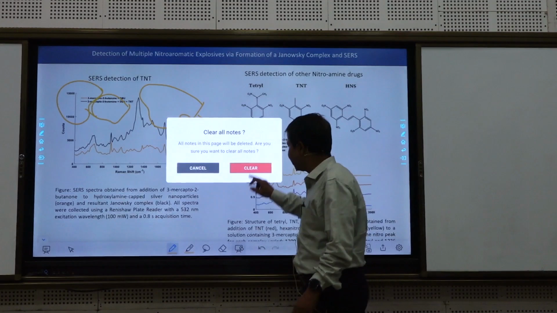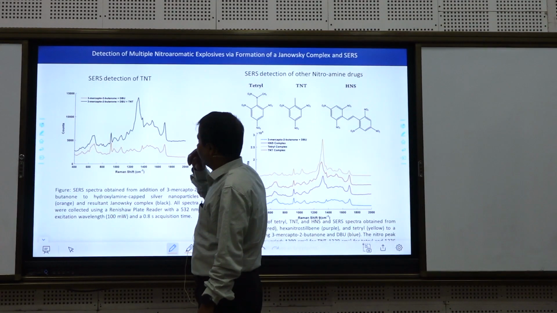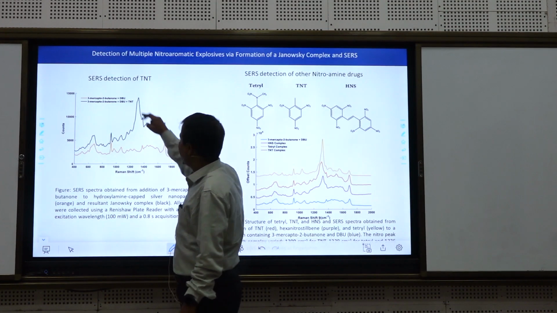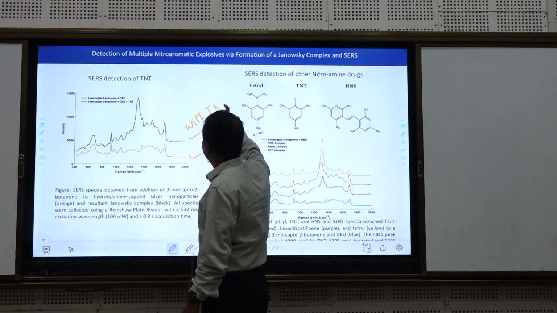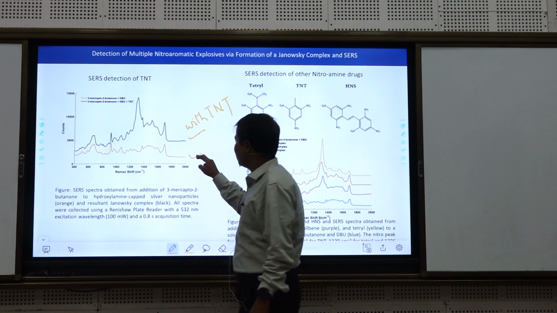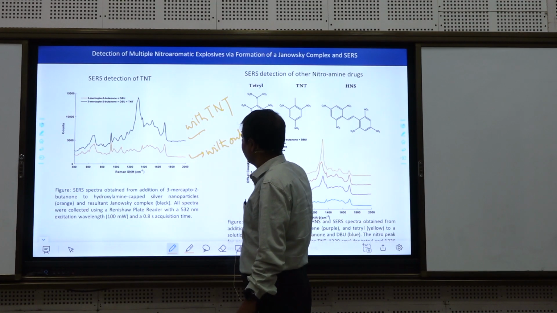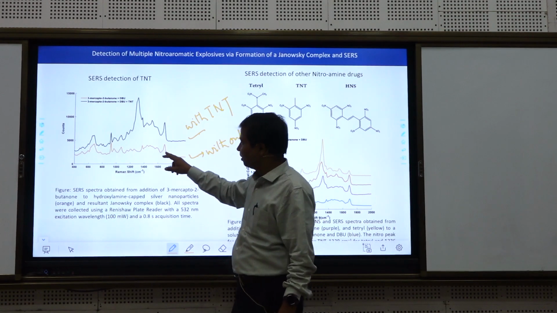So what is the Raman spectra? Now, there are two graphs here. One is this black one with TNT, and this is without. And a clear distinction can be seen.